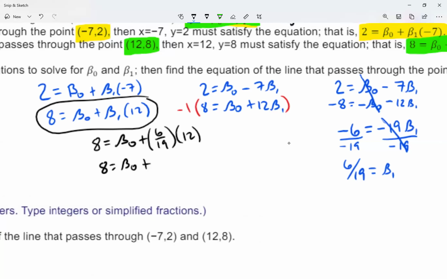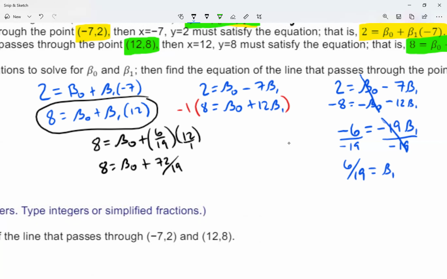When there's a fraction and a whole number, we make this a fraction as well. We multiply the top numbers. 6 times 12, that's 72. Over, we multiply the bottom numbers. 19 times 1, that's 19.